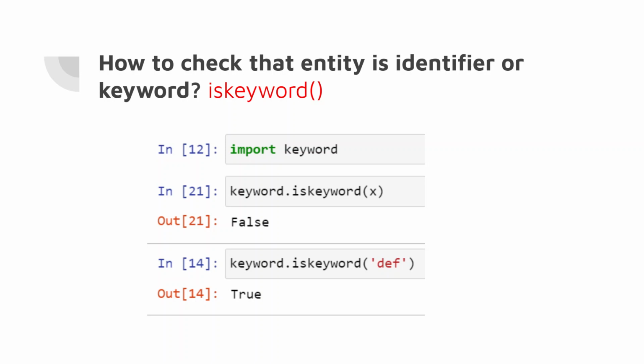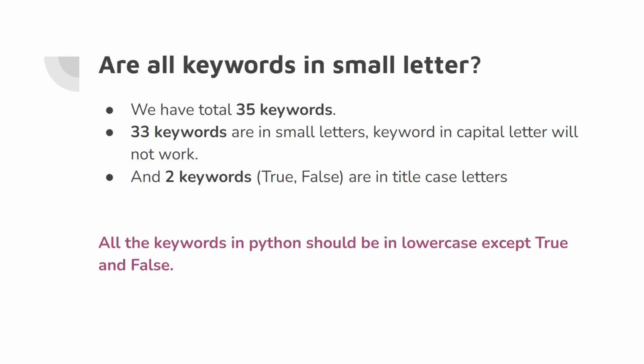So it is giving false because x is not a keyword, and def is a keyword, that's why it's returning true value. So that is how you can check your keywords. I mean, if you want to know that the entity is identifier or keyword, that is the best way to check it. So this function, please keep remember, is keyword. It is in the keyword library.